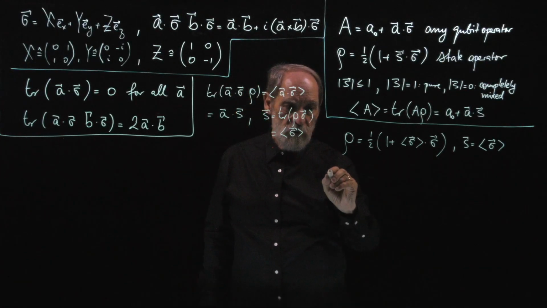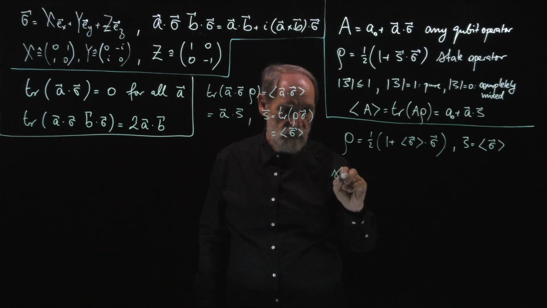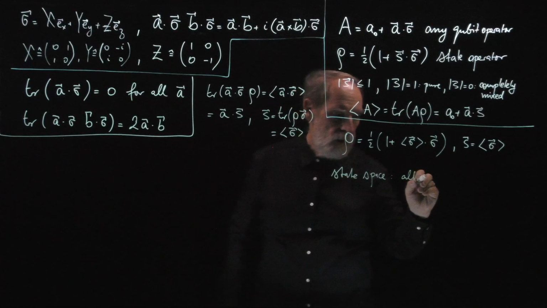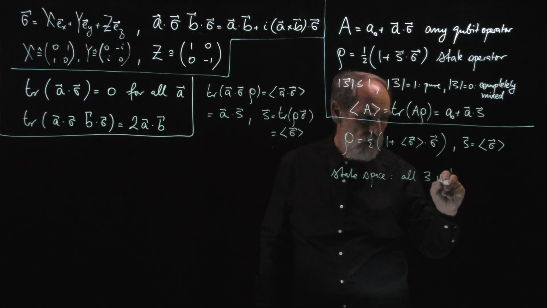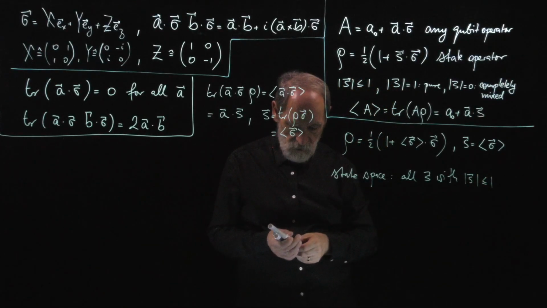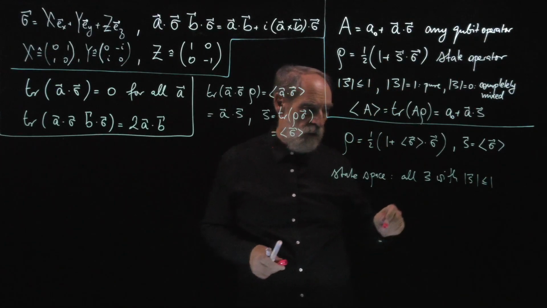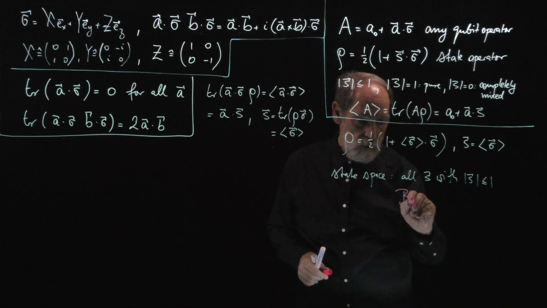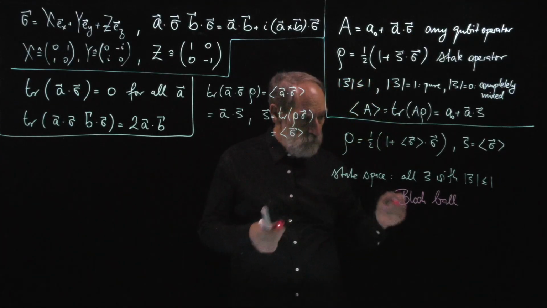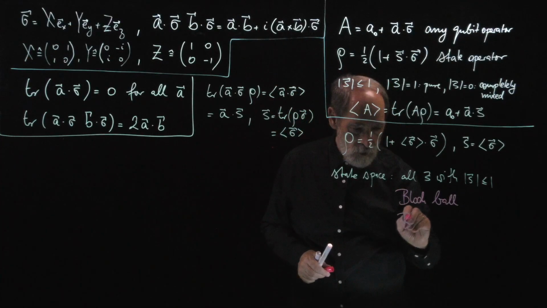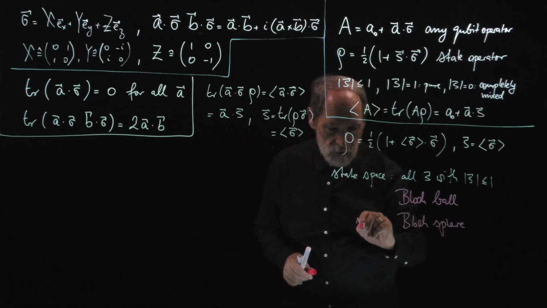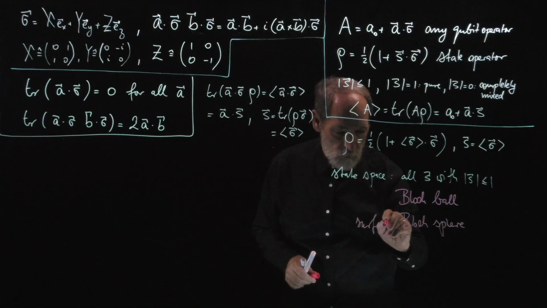So the collection of all S, the state space, is just all S vectors with length not exceeding 1. So this is a ball, the so-called Bloch ball. And the surface of the Bloch ball is the Bloch sphere.